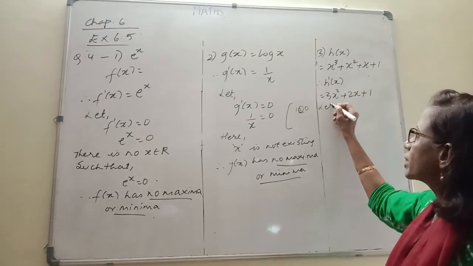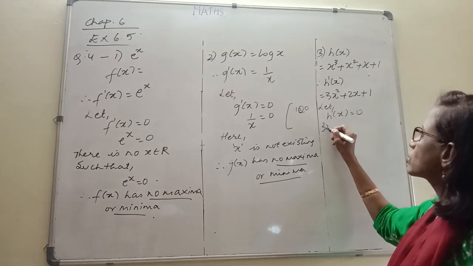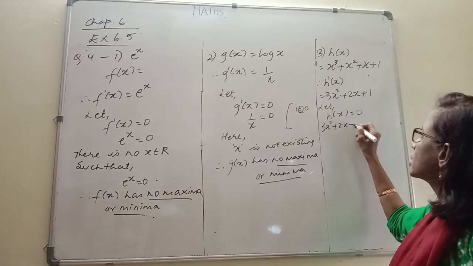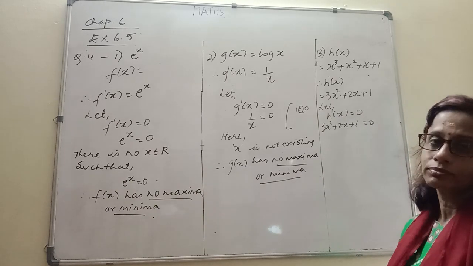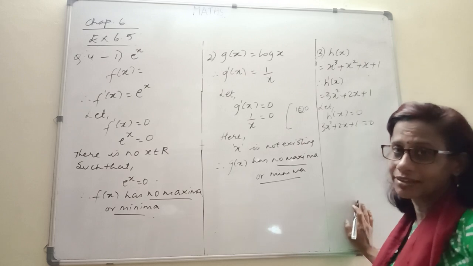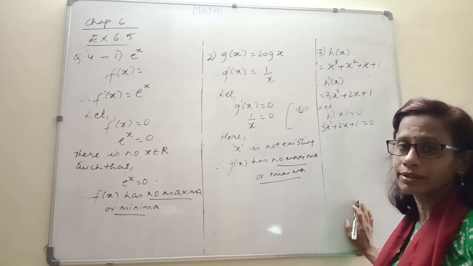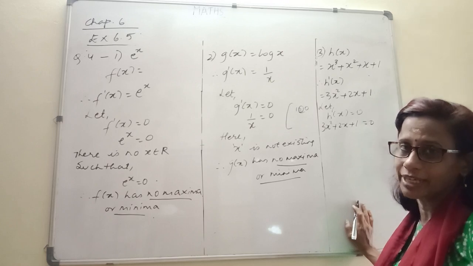Our next step is to get h dash x equal to 0, which is 3x squared plus 2x plus 1 is 0. Now it may take us some time to factorize and get the simplification. So I think we better go in by the discriminant formula or the quadratic formula, get the answer.